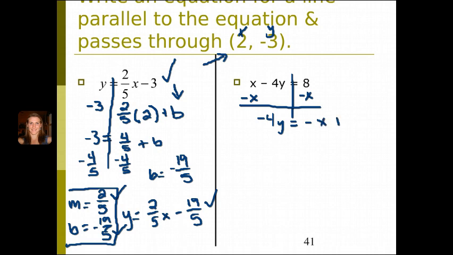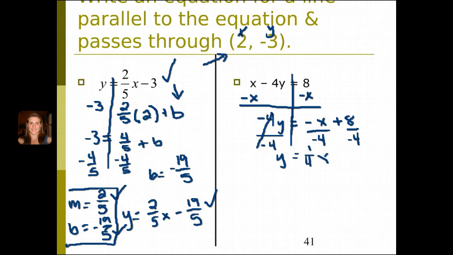Divide everything by negative 4. And you're left with y equals a positive, because we have a negative divided by a negative, which gives us a positive 1/4 x minus 2.